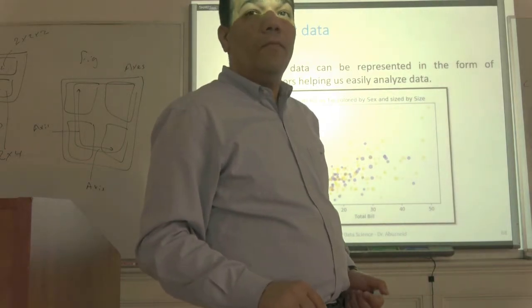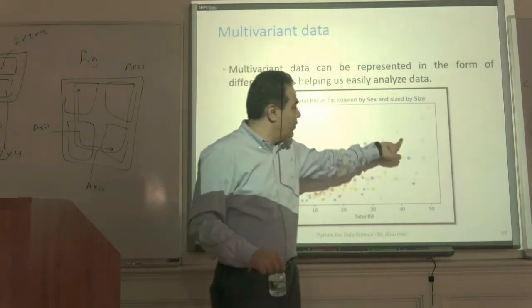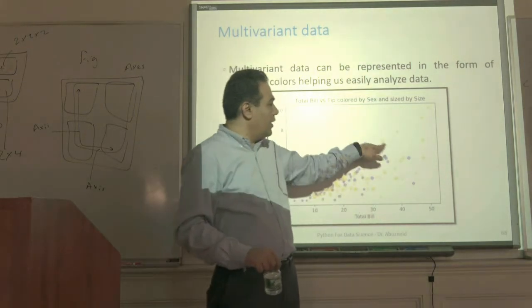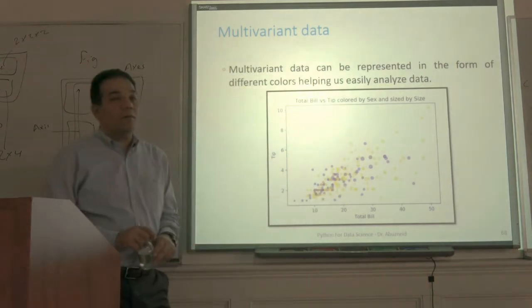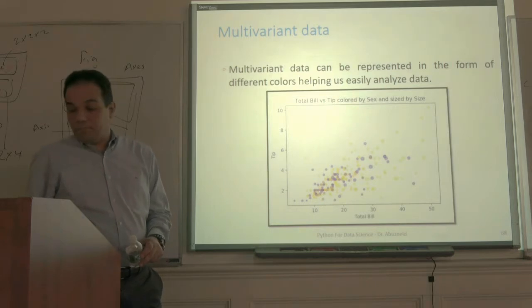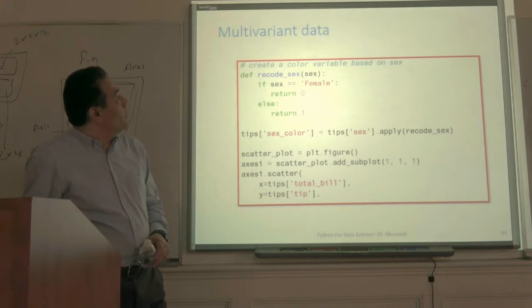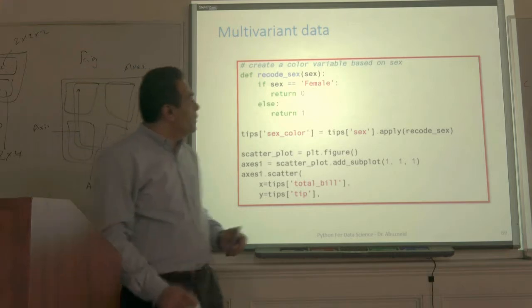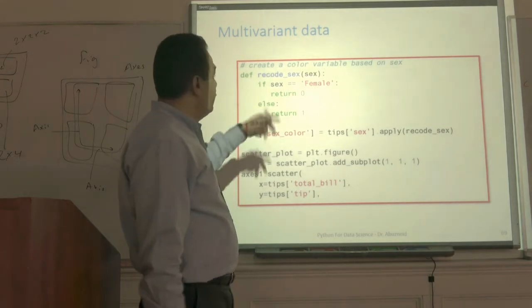I don't have the legend with this, but the blue has a meaning and the yellow has a meaning, and the size could have a meaning. So in here, create a color variable based on sex. Sex means gender here.